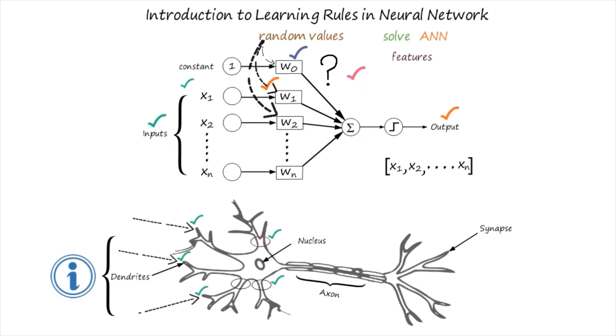So initially nobody can tell you what the weight values are. And then try to understand, after assigning the random values, whenever we start training the neural network, the values of the weights will be adjusted automatically. Now you can ask me this question: how will these weights be adjusted?